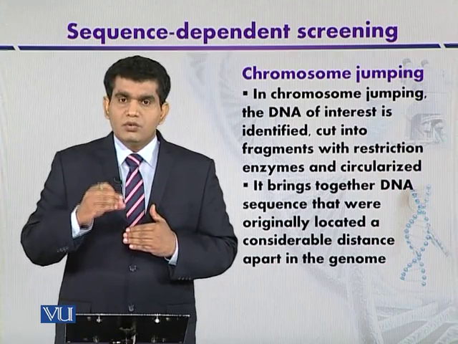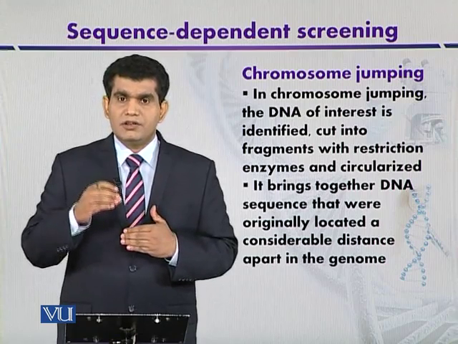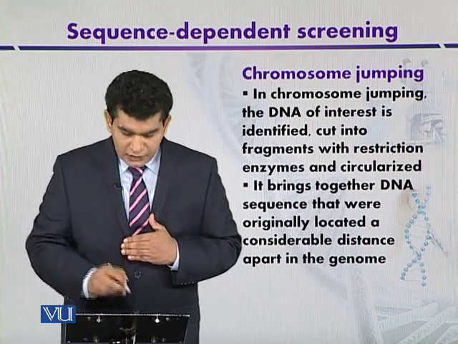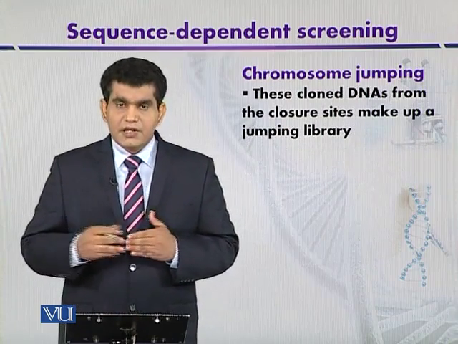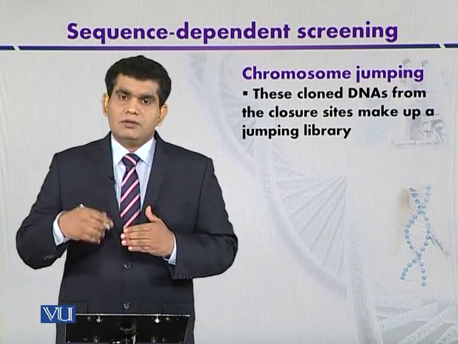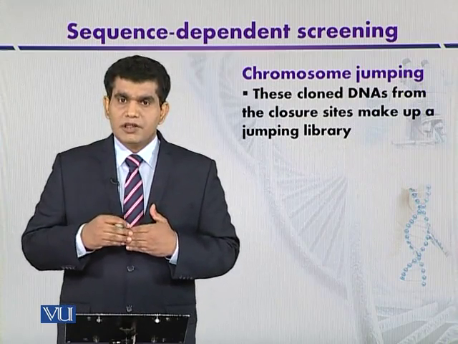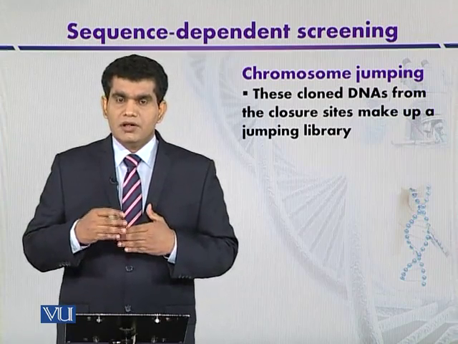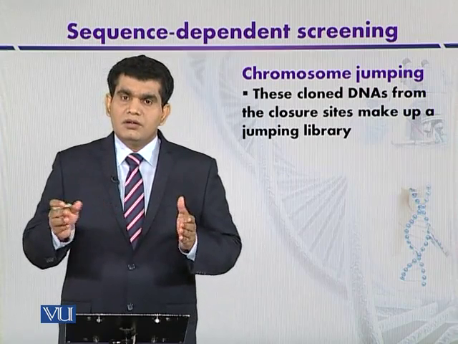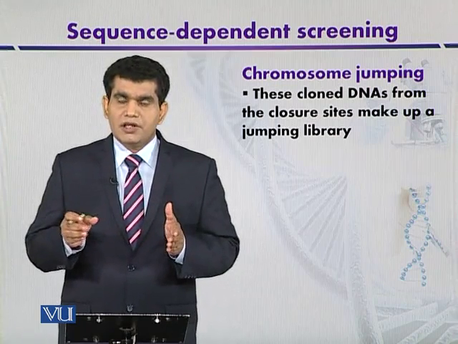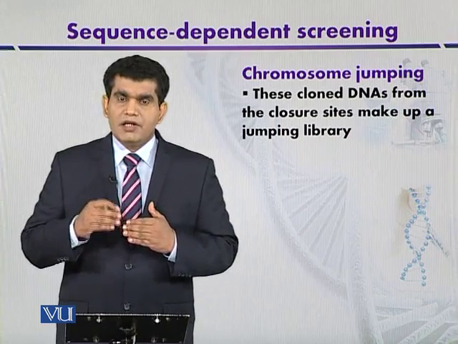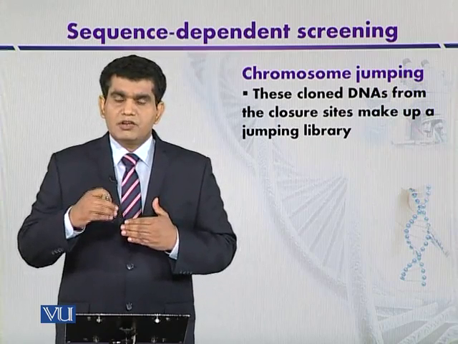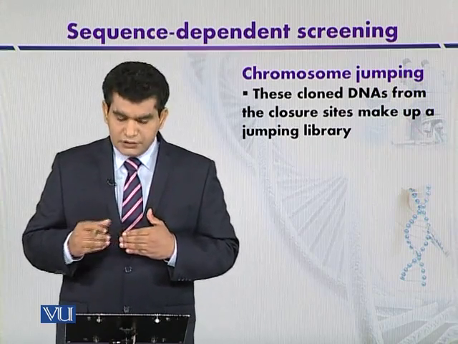Then those fragments from the closure sites, or the junctions, are cloned further, and such DNAs that are cloned from the closure sites can constitute the jumping libraries. So in jumping libraries, again I can repeat that the genes that are present far apart can come close to each other, and then after digestion, the target DNA is cloned into an appropriate vector.